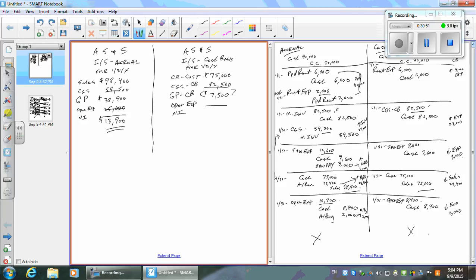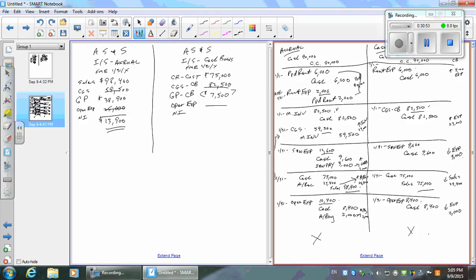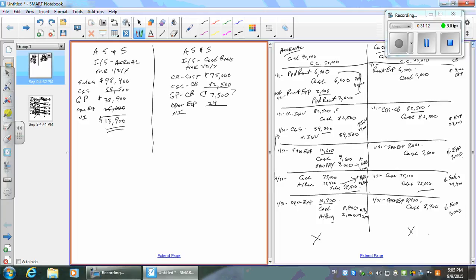This one's going to be weird. What do they have? 6 plus what? 9,600. So what are we, 15.6 plus 8,400? Am I right? How much is all that? 24 instead of 25. So how much do they lose? 31.5.